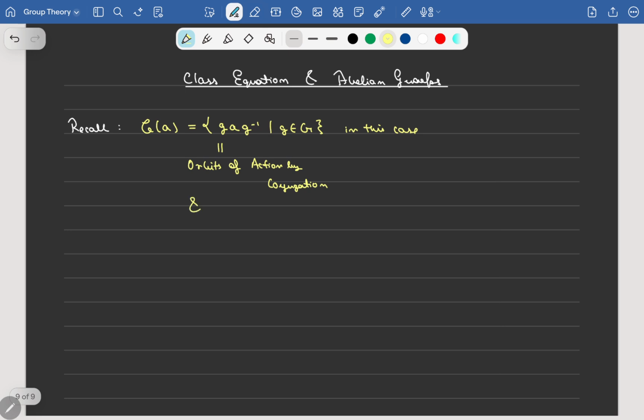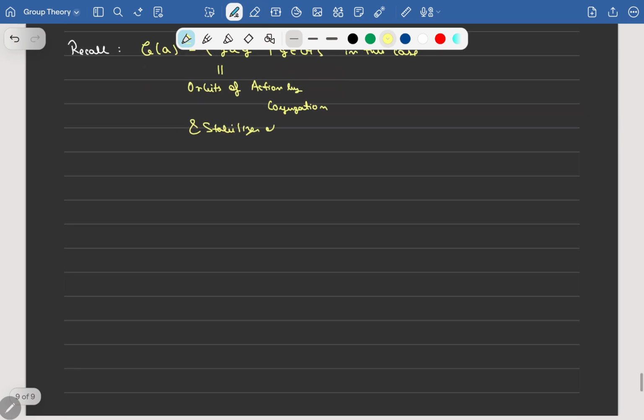And the stabilizer of the same action. So let me just give a very brief recap of it. Recall, we had an action of G on any set X, by G acting on X as simply what we write as gx.